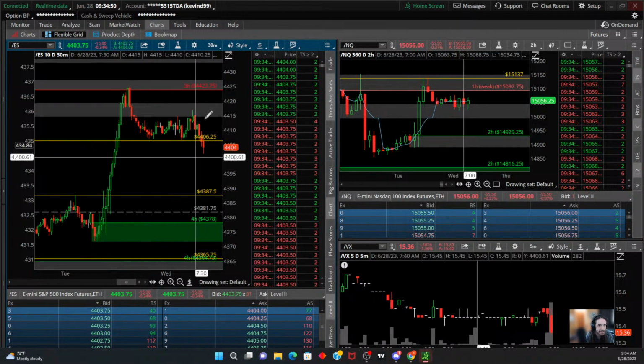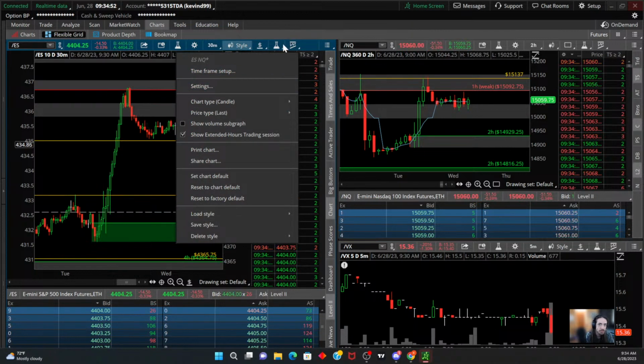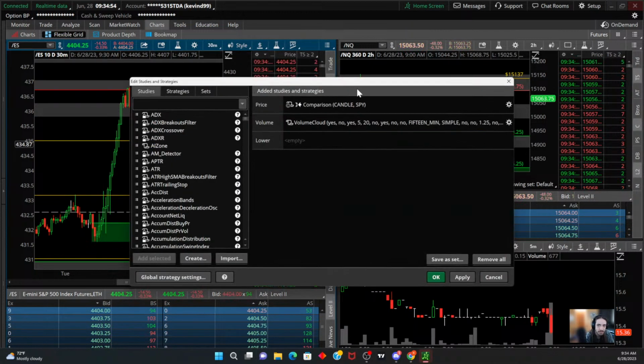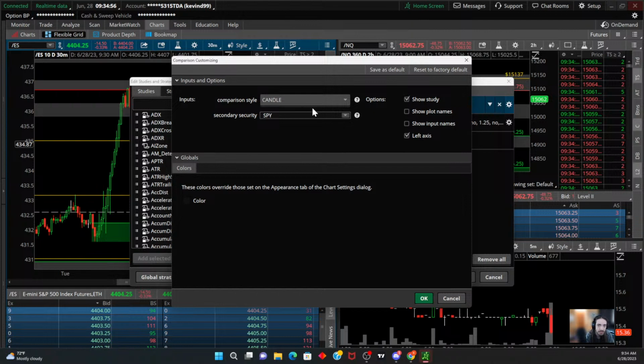in comparison to ES. To make sure it is precise, you want to make sure it's set to candles, because it's usually set to bar or line, and that could throw you off depending on what time frame you're looking at.